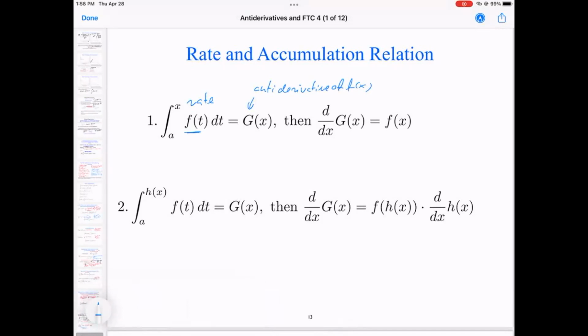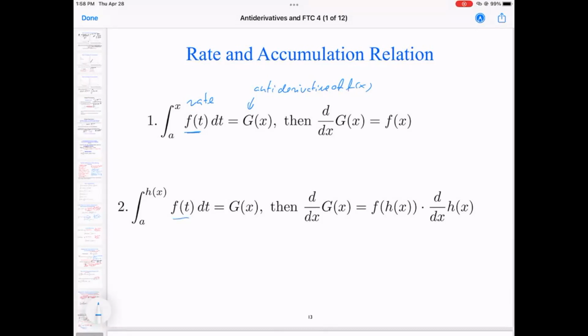Here is the more complex accumulation function because you have another function on top instead of x, right? And it generates a more complex accumulation function. When you take the derivative of that, you get back to the rate, right? So this is again a rate function.